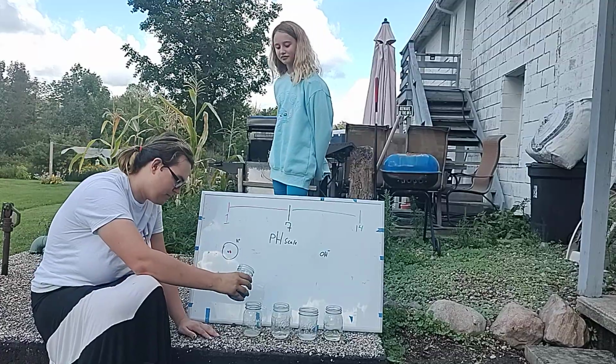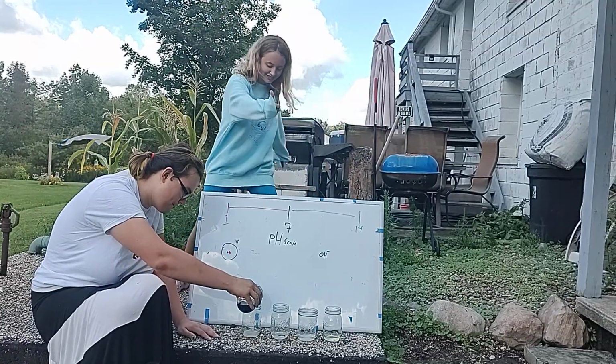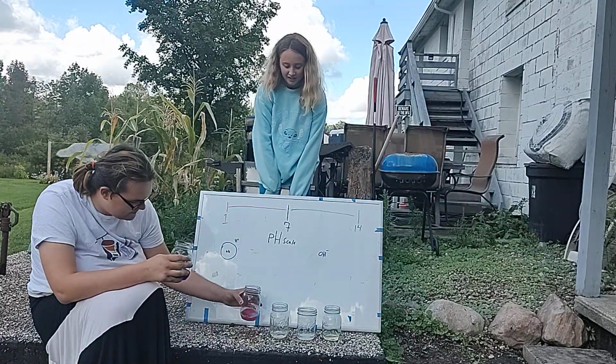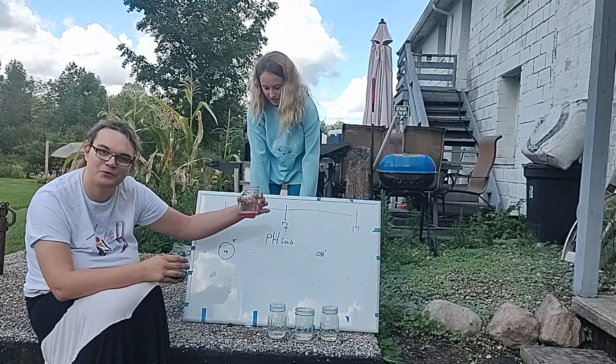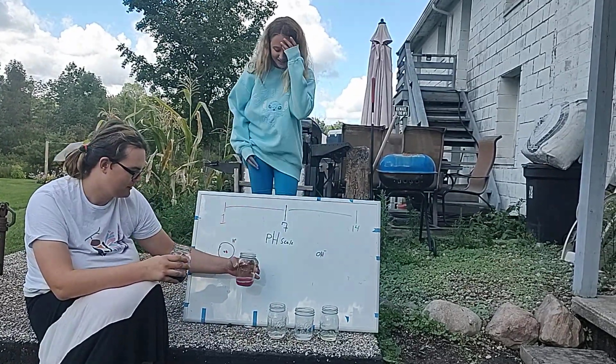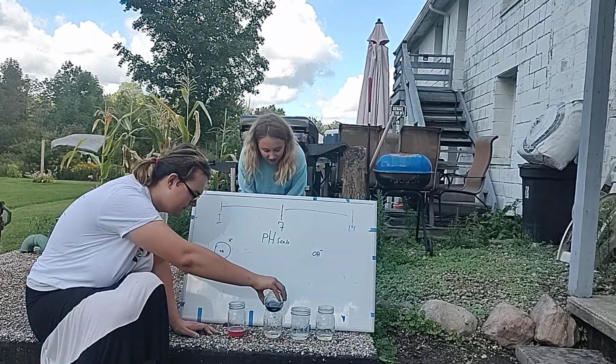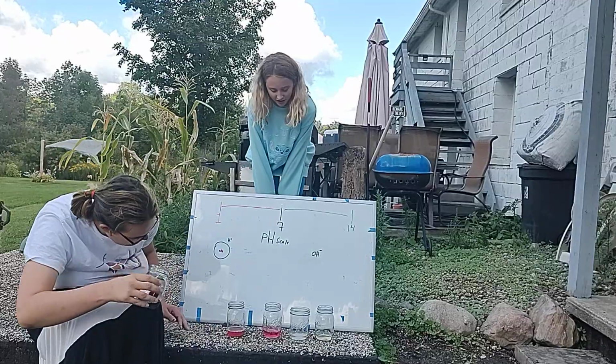So we'll start by pouring. You see, that's turned a deep pink. Like a rosy pink. Yeah, rose pink. And then the next one. Like a lighter pink, I'd say.